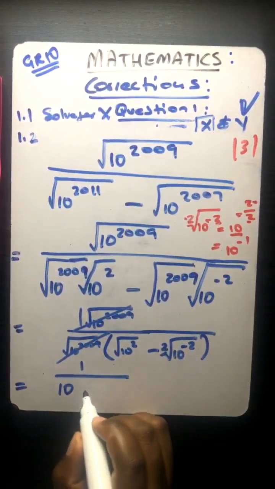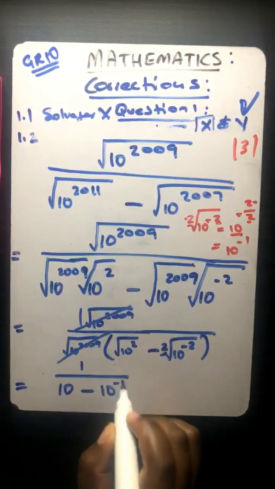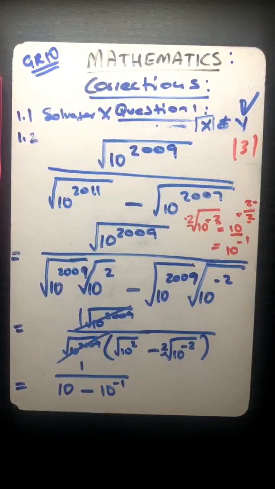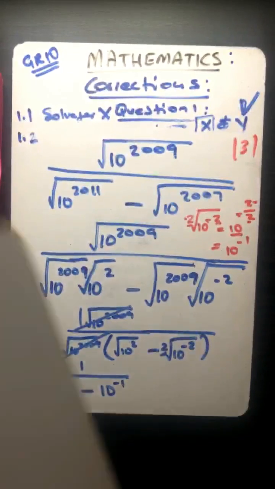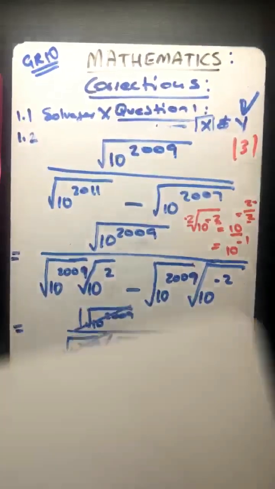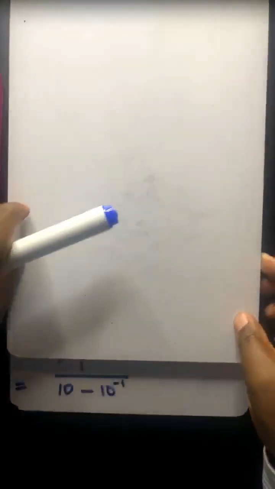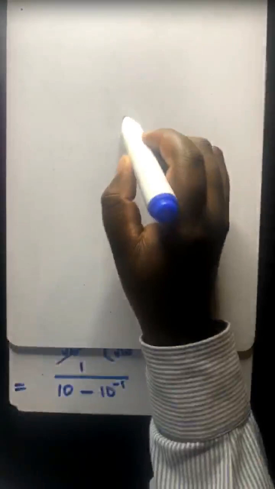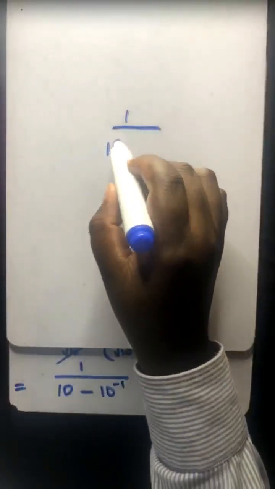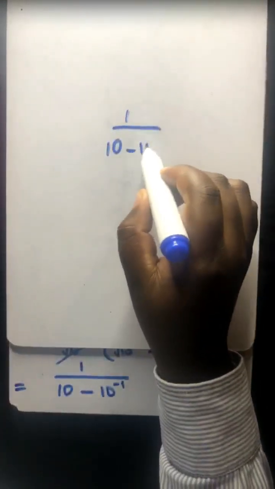It is actually minus 10 to the exponent negative 1. I'm pretty much sure that someone also might not understand that. The reason, honorable members, is that there might be something that you need to catch up on. And most importantly, as we continue, we are having 1 over 10 minus 10 to the exponent that.